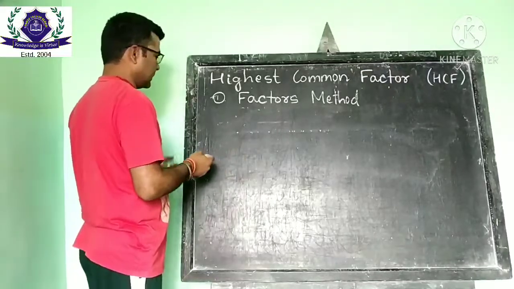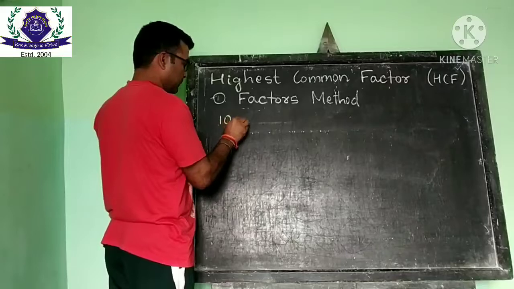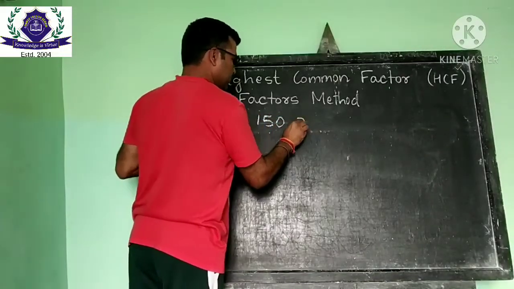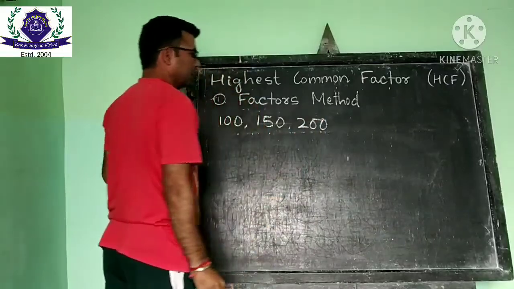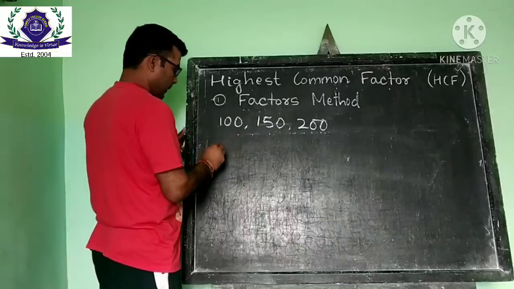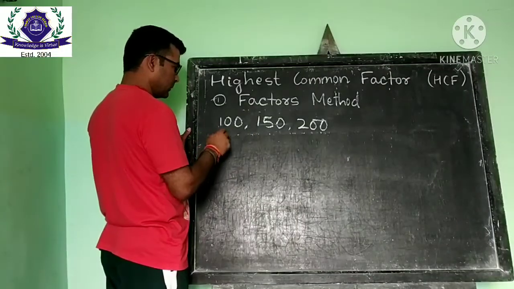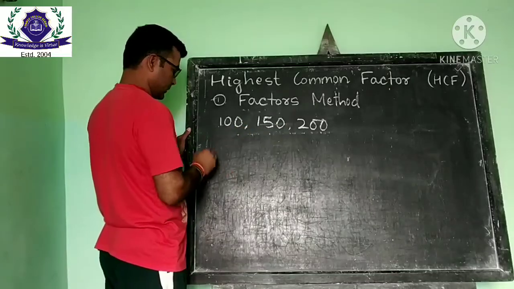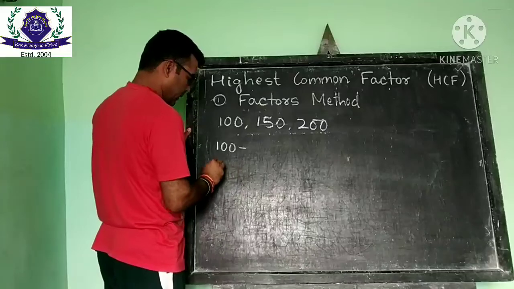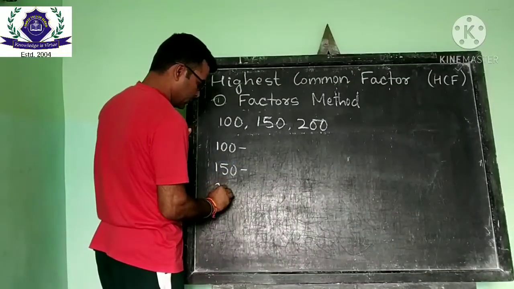Suppose let us take the example of 100, 150 and 200. First of all we need to find the factors of 100, 150 and 200.